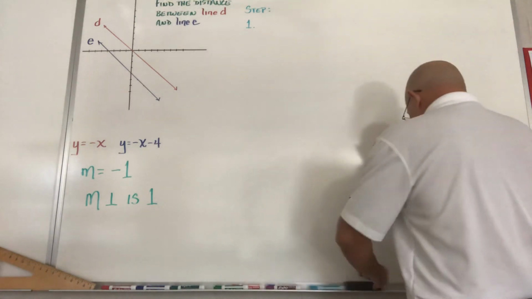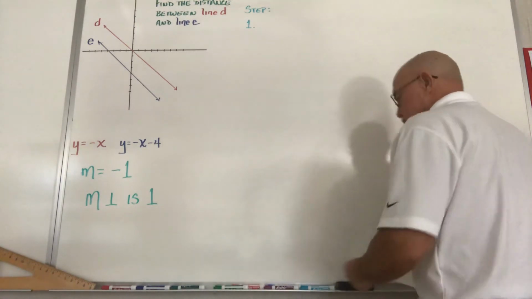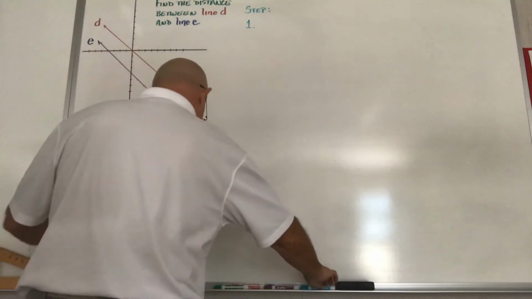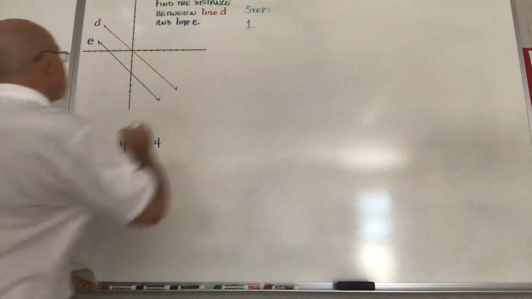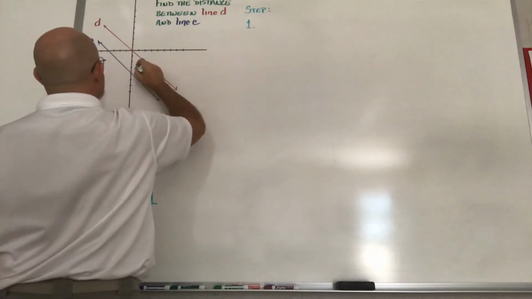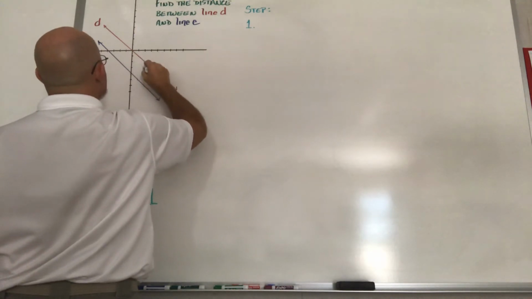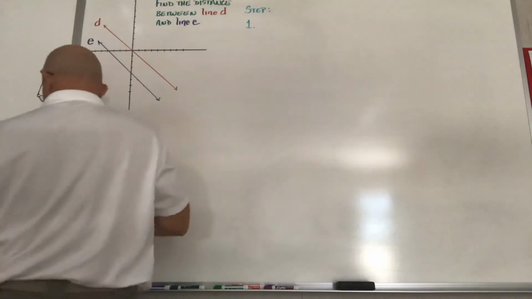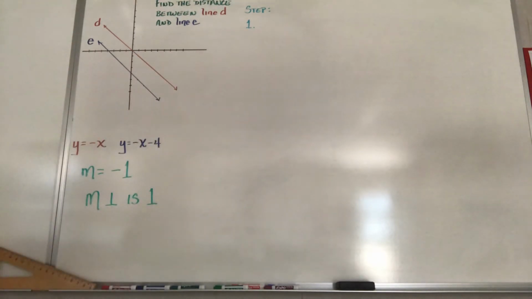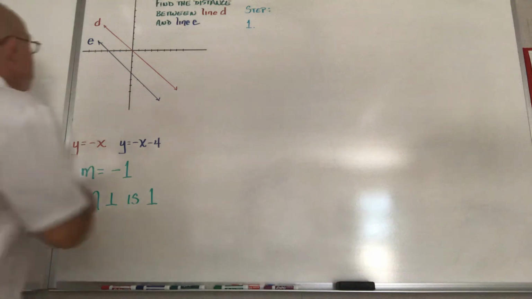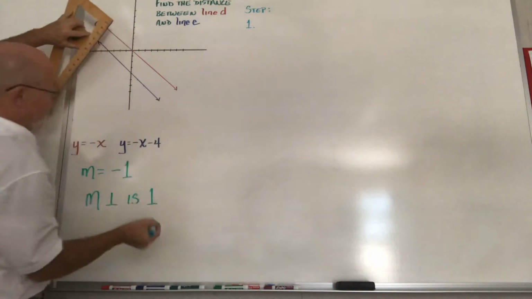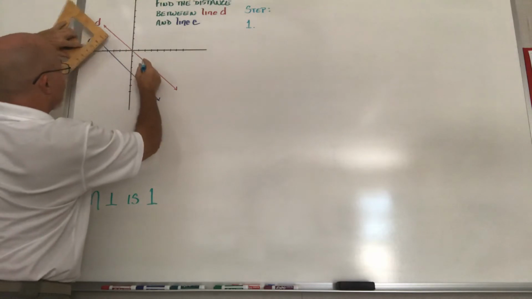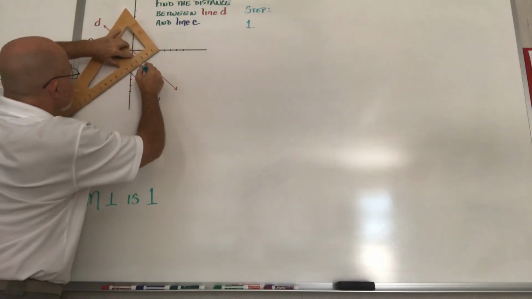Okay, we know the slope is a +1, so I just went up 1 over 1, up 1 over 1, and I'm going to do this.